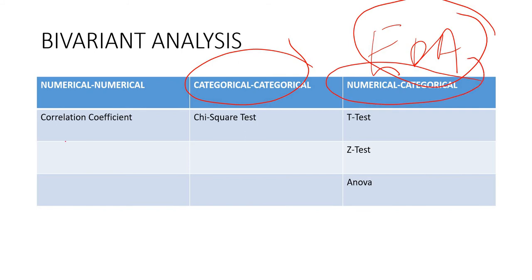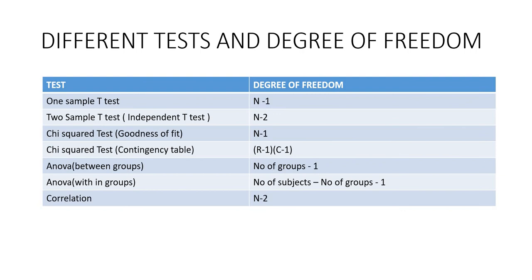If both are numerical, you will go for correlation coefficient. If both are categorical, you will go for chi-square test. If one is numerical and another is categorical, you have t-test, z-test, and Anova. Am I right? So let's see the degrees of freedom for all these different tests.